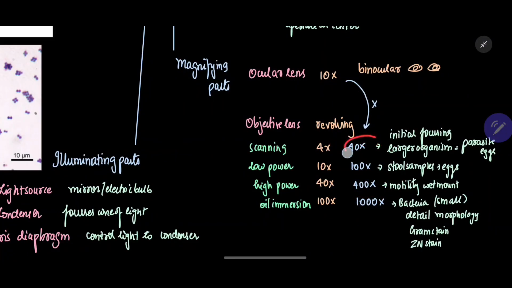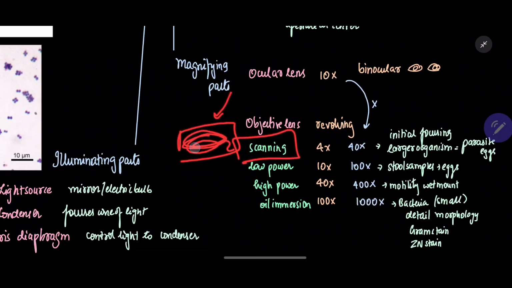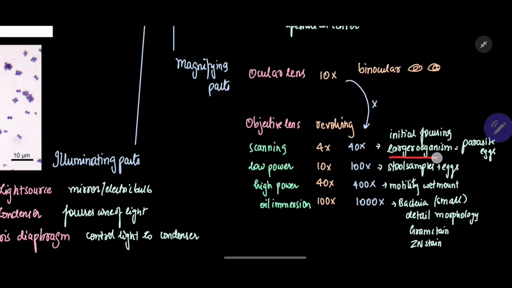Your 40x is called the scanning field. This is used in microbiology when, for example, you take a slide, put something on it, and you're just initially trying to focus. You use the scanning field to scan where your organism is. It is also used for larger organisms like parasite eggs.